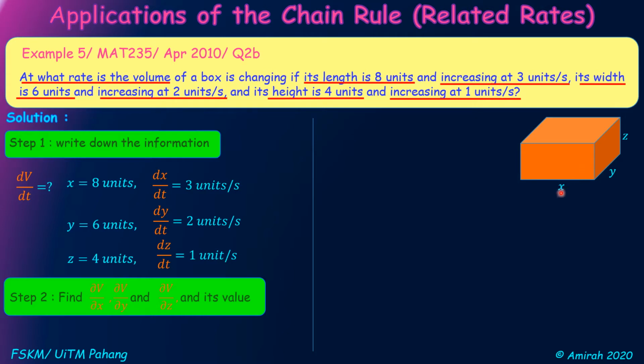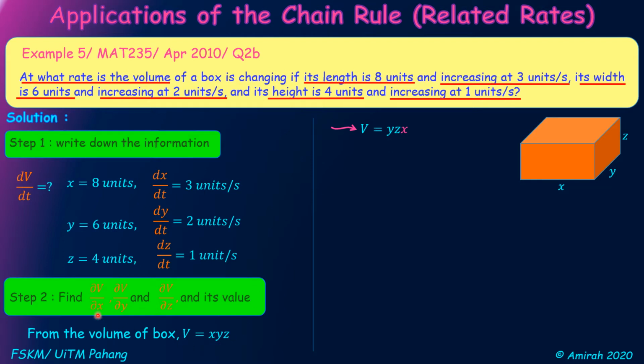Let's say we have length equals x, width equals y, and height equals z. From this diagram, we can write volume of a box V equals x times y times z.